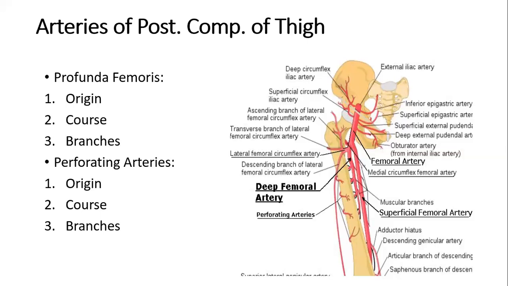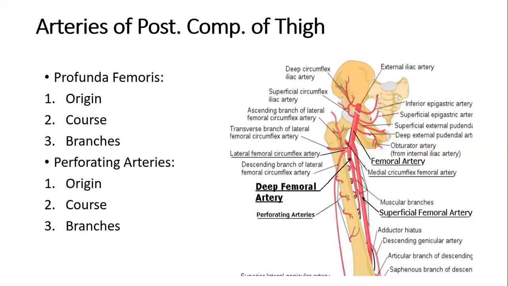You must note down some peculiar points regarding the arrangement of these arteries. These perforating arteries are large vessels having transverse and intercompartmental course. Intercompartmental का मतलब है कि ये एक compartment से दूसरे compartment में enter होती हैं.